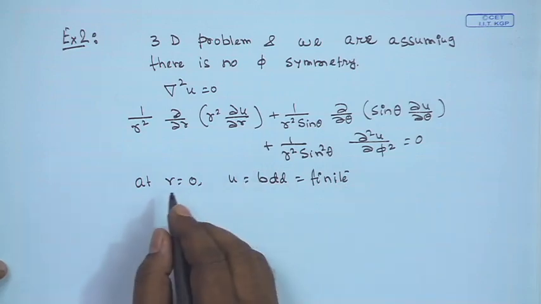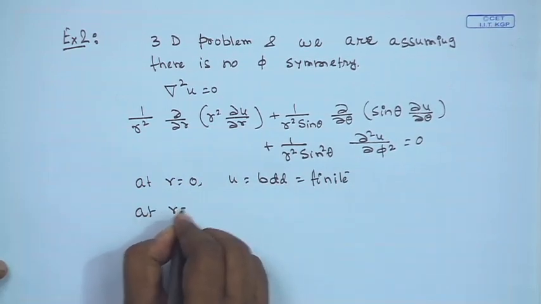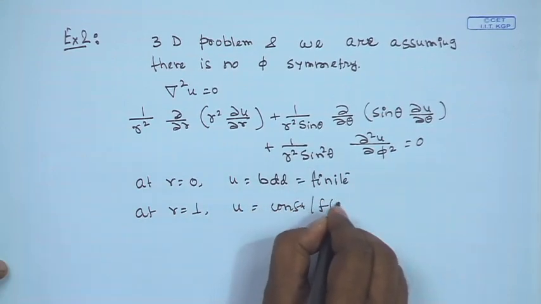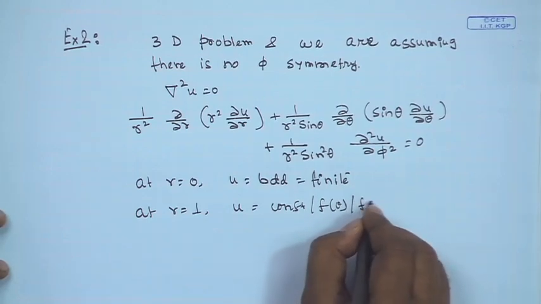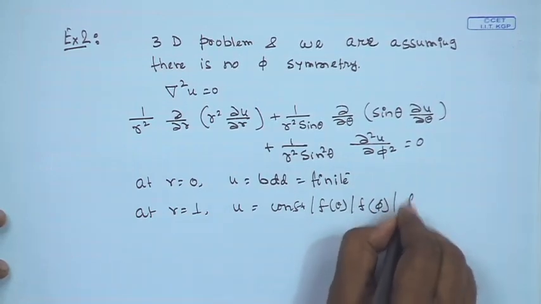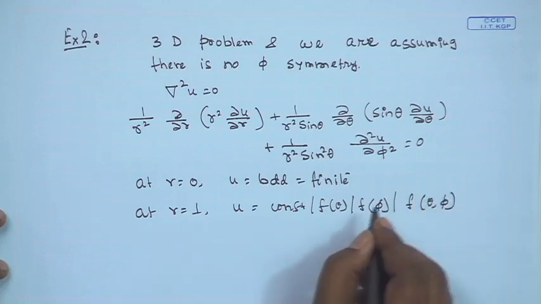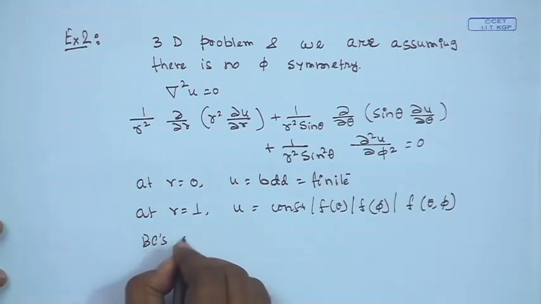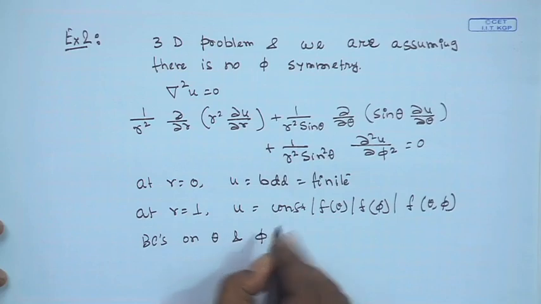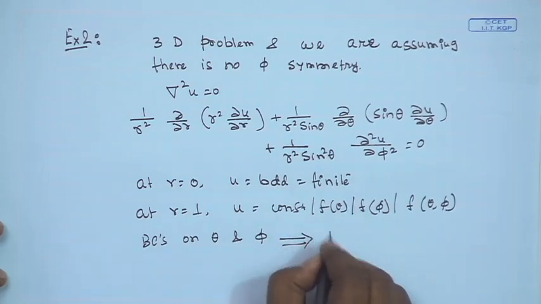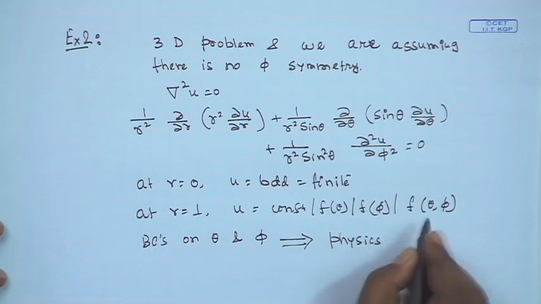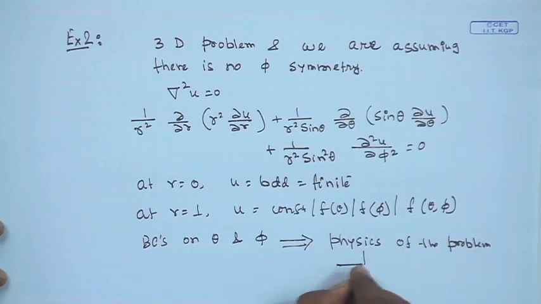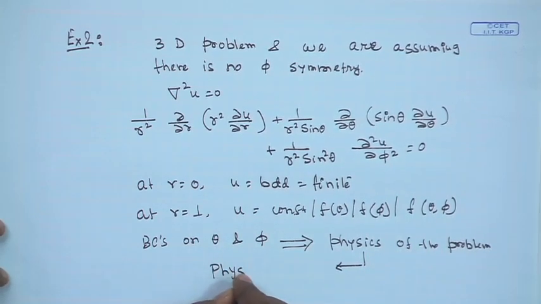And at r equal to 1, u may be a constant, may be a function of theta, may be a function of phi, or may be a function of theta and phi both, and the boundary conditions on theta and phi will evolve out of the physics of the problem. So, they will be the physical boundary conditions.